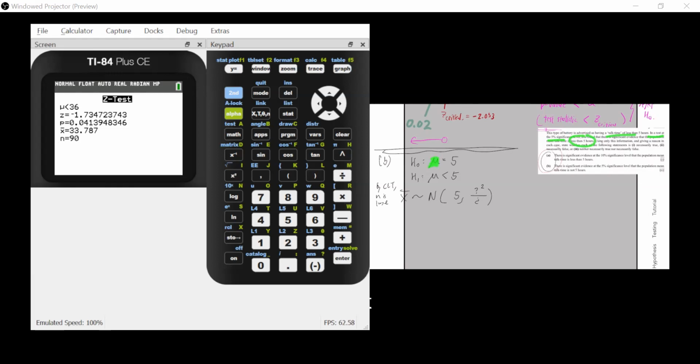So reject the H0. Very good, exactly. If you translate the English, in our mathematical terms, it just means we reject H0.